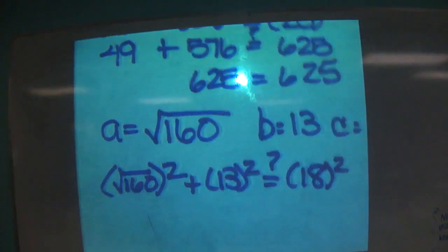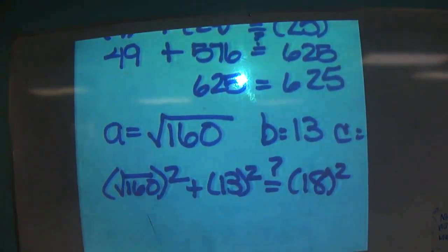What's root 160 squared? Remember what we learned last week? If we had a root that was squared, what happens? It cancels each other out because they're inverse operations. So this would be 160 plus, what's 13 to the second power? 169.